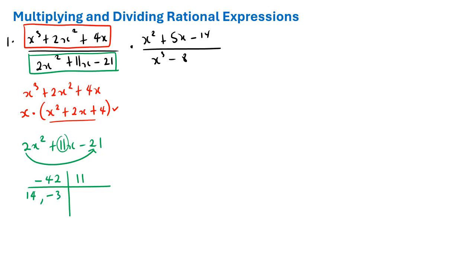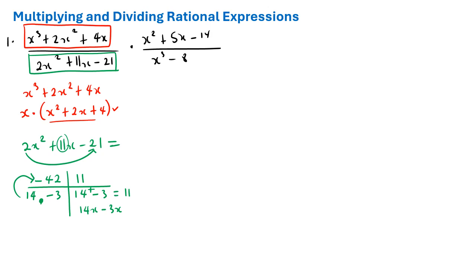I want to add 14 and negative 3 to get 11, but multiplying them gets me negative 42. By multiplication, I get negative 42. By addition, I get 11. So now, to factor the trinomial, I'm going to replace the 11x by 14x minus 3x.